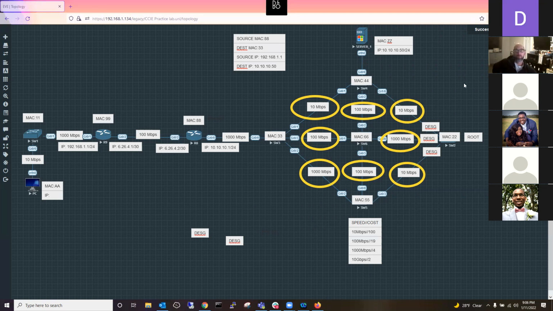Now you got 3 pieces of information to make a decision on. That decision should be based on the lowest number that you just calculated, and that's where your root port is going to be placed.